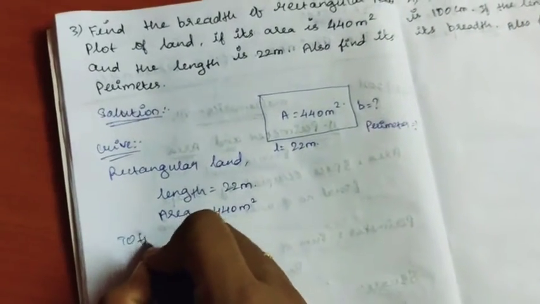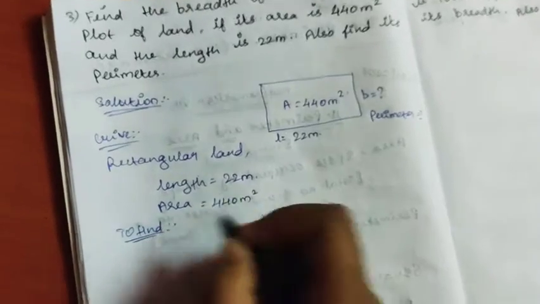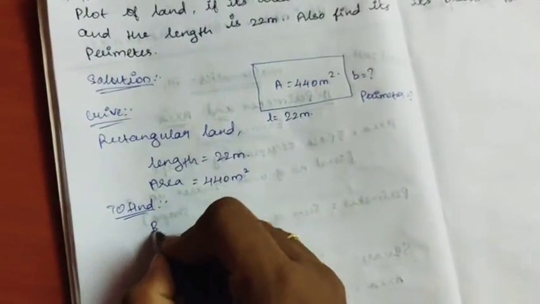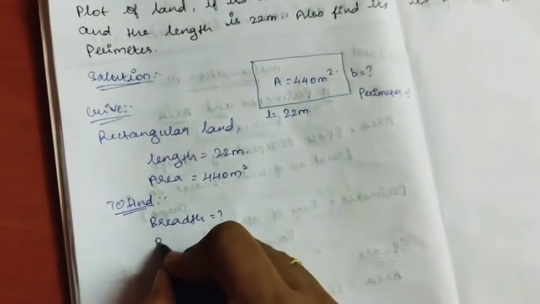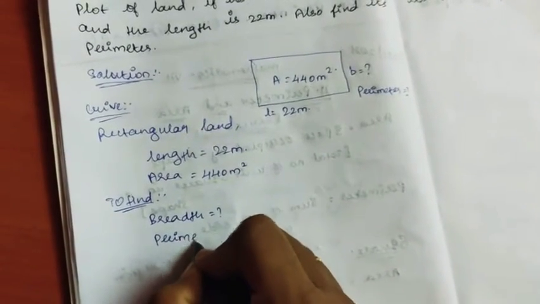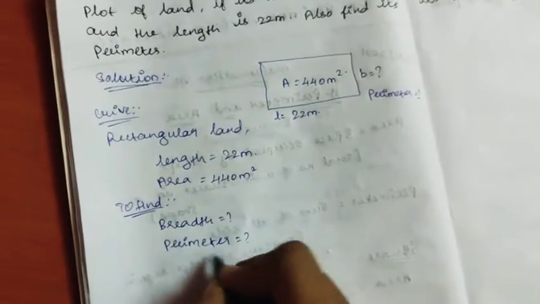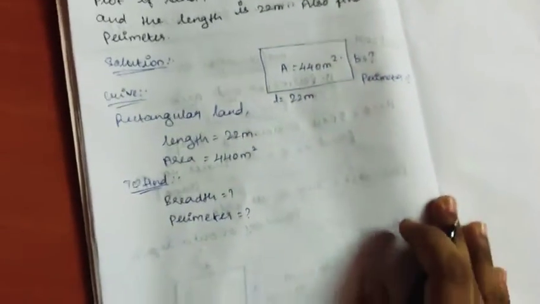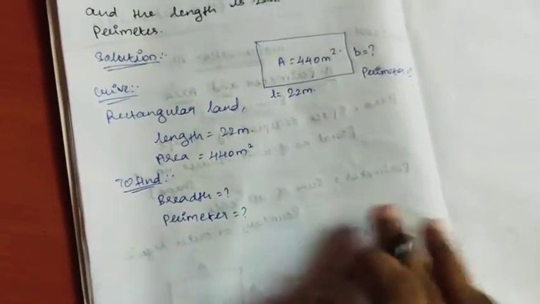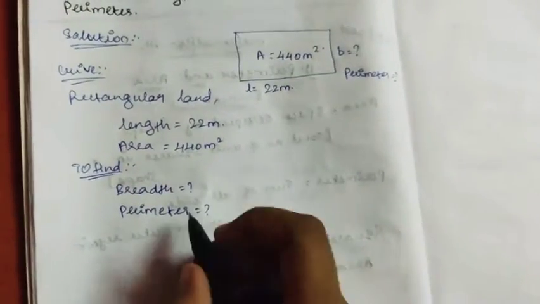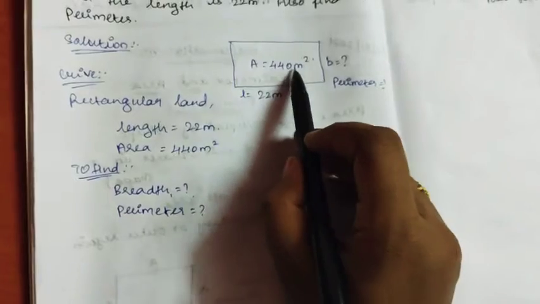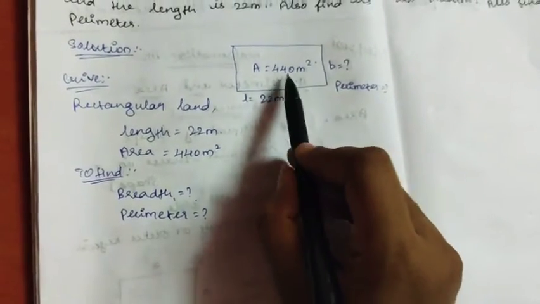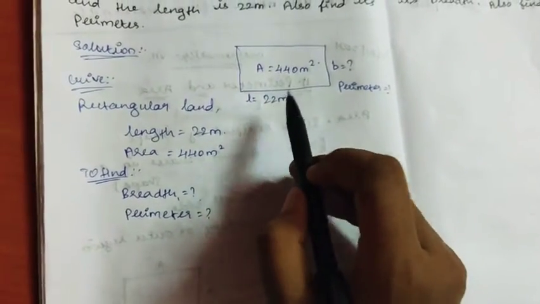What we have to find? From the question, we have to find its breadth and perimeter. First we have to find the breadth. How can we find the breadth? Here we have its area and length, so with this we can find the breadth.